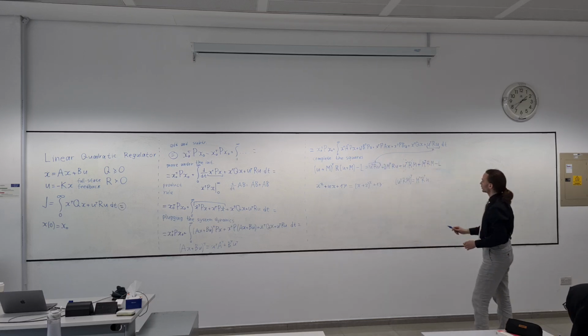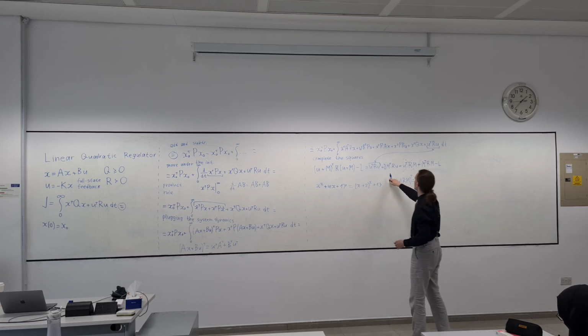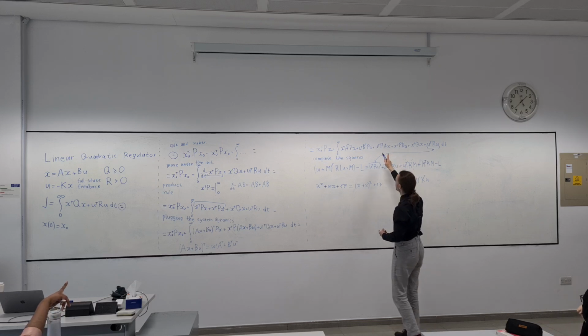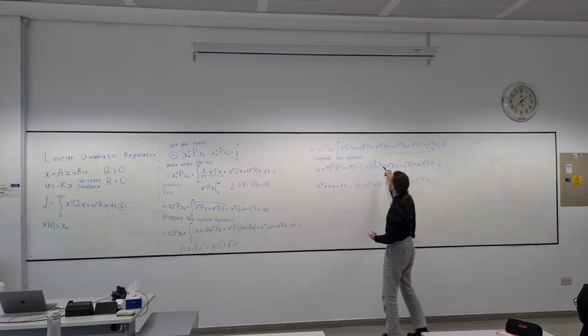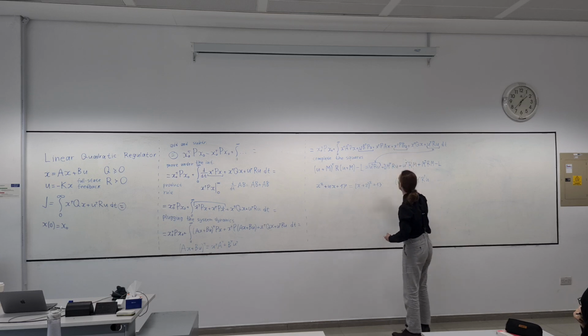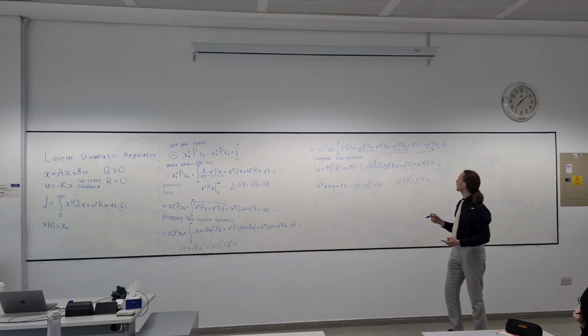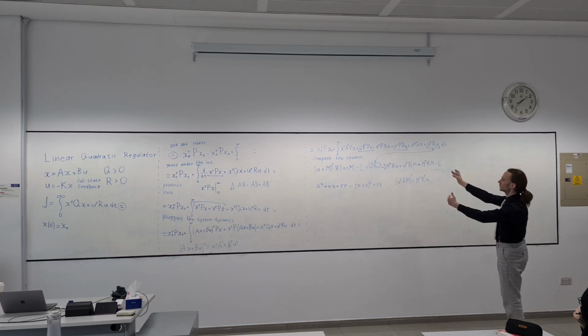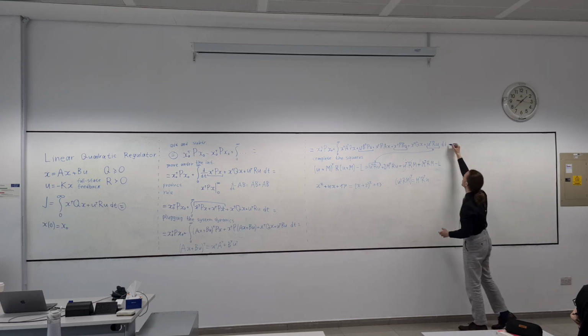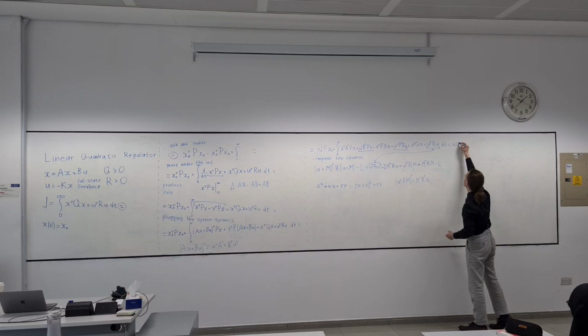Okay, what do we see next? Next is 2M transpose RU. So U is in the end. And actually we can do the same as we did here with this 2 over here, because this is a scalar and this is the same scalar. So I can write it down here for convenience. It's the same as x naught transpose b x naught plus an integral.